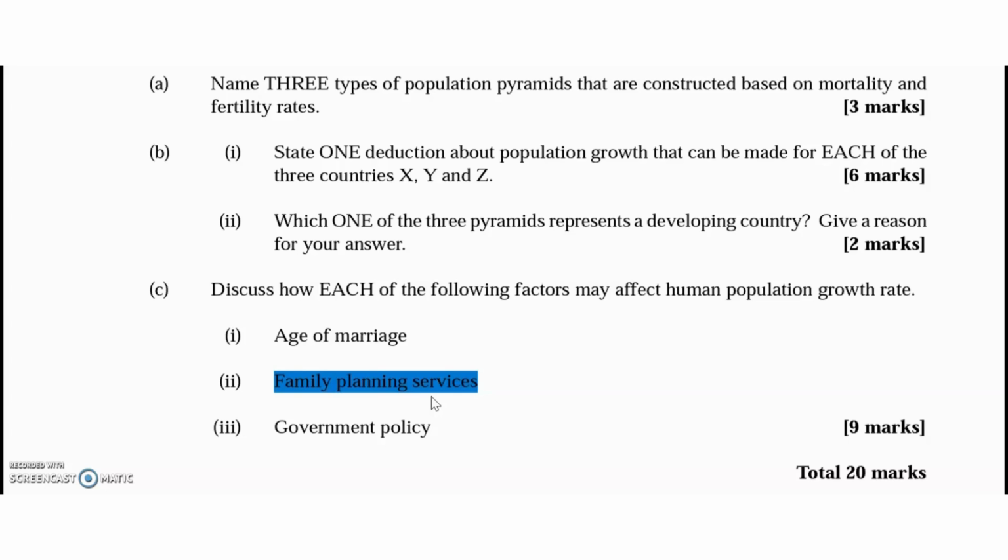Now, in areas where you have family planning services, we tend to realize that the human population growth rate is either relatively slow or is in fact associated with a low rate of population growth. Why?